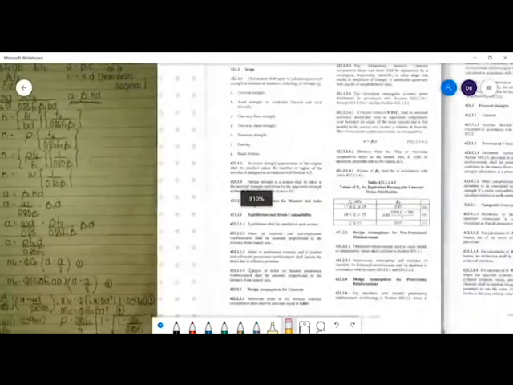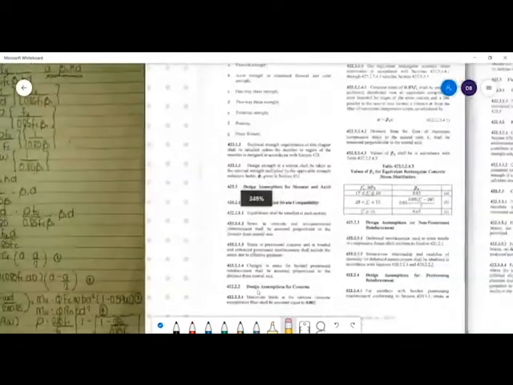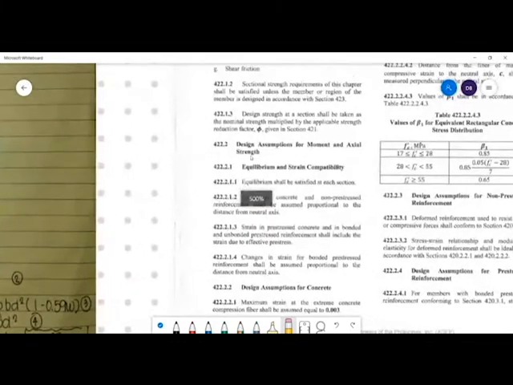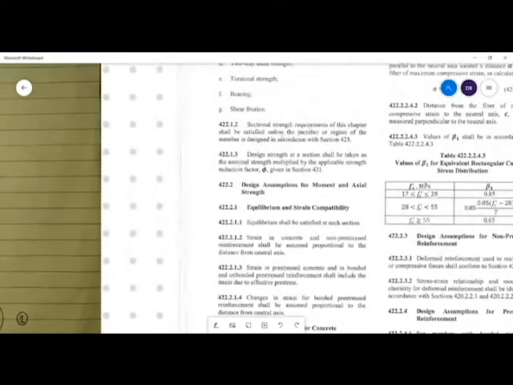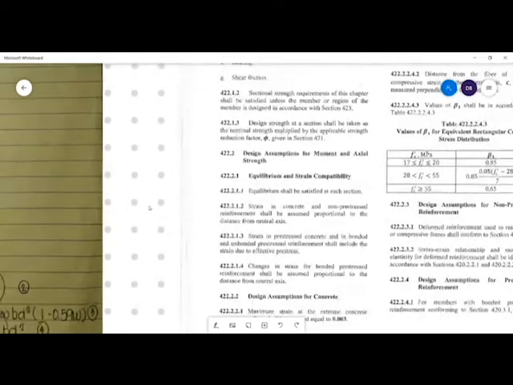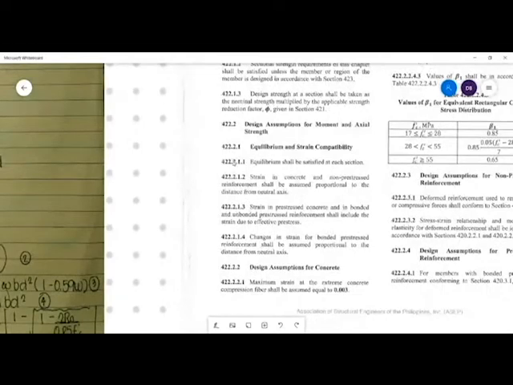Okay. From Section 422 of the National Structural Code of the Philippines, let's read everything one by one. First, we are considering flexure, meaning moment. Equilibrium shall be satisfied at each section.